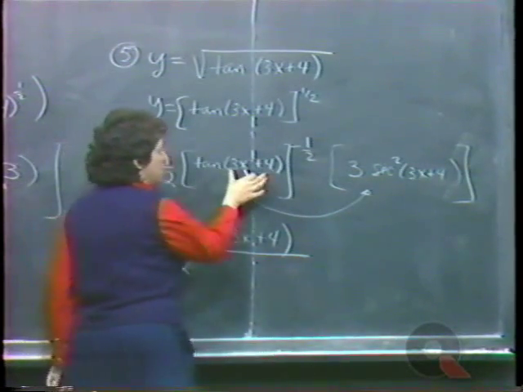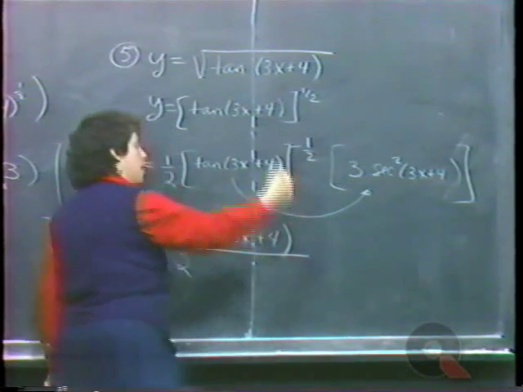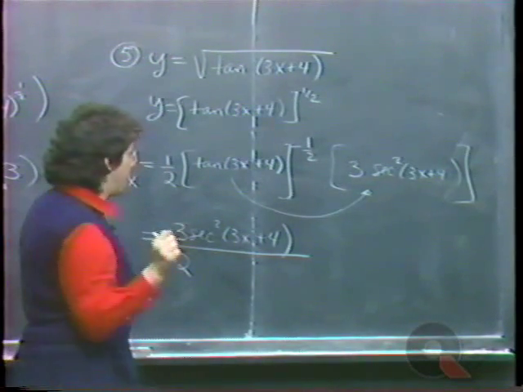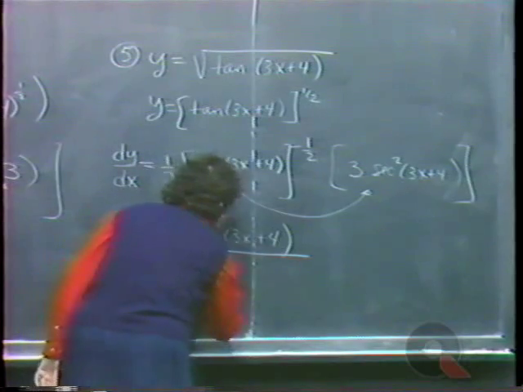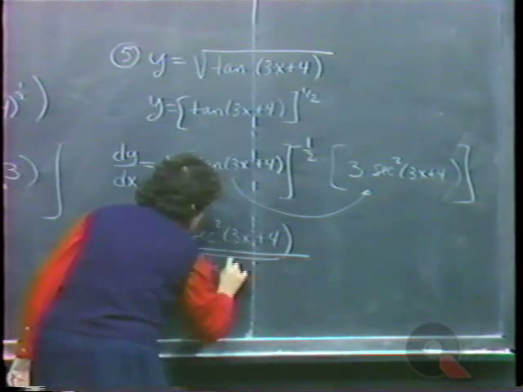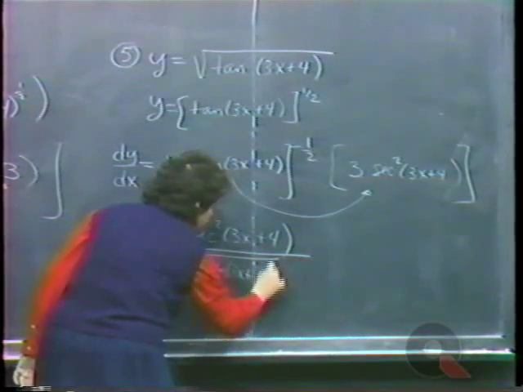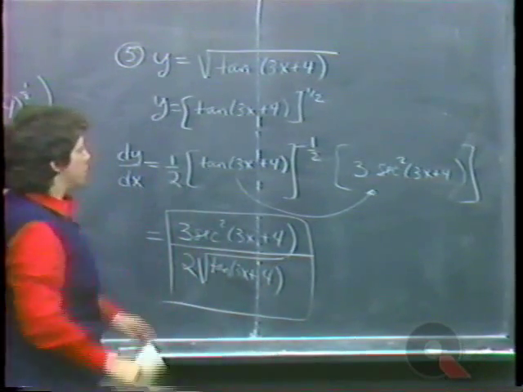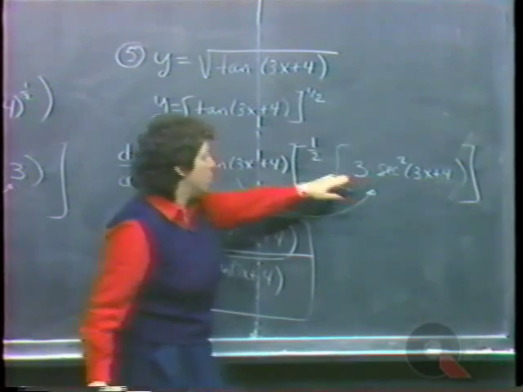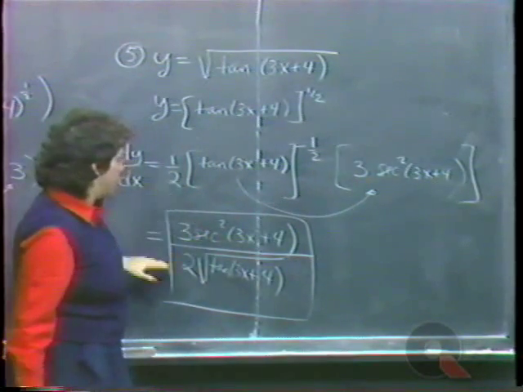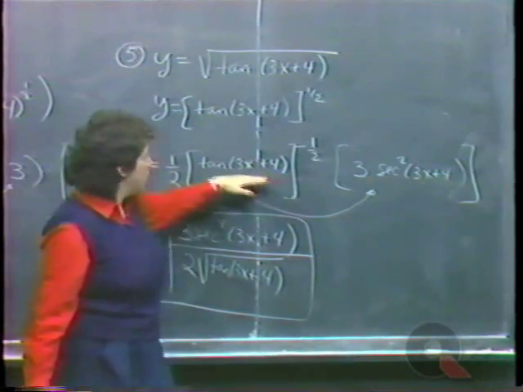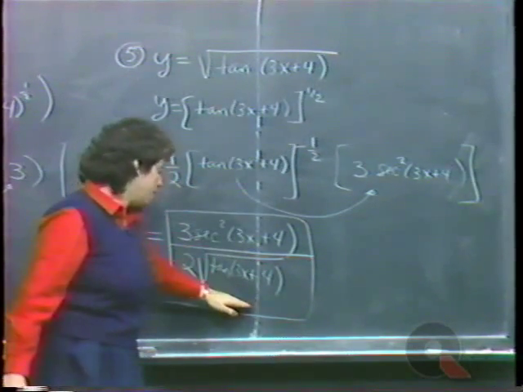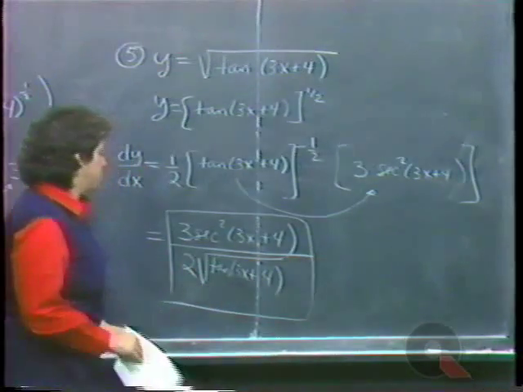The tangent of 3x plus 4 to the minus 1/2 power comes downstairs as tangent of 3x plus 4 to the 1/2 power, but that goes down as the square root of the tangent of 3x plus 4. The 3 secant squared of 3x plus 4 was upstairs, the 2 was downstairs, and this tangent of 3x plus 4 to the minus 1/2 power goes downstairs to the 1/2 power, which is the same as the square root.